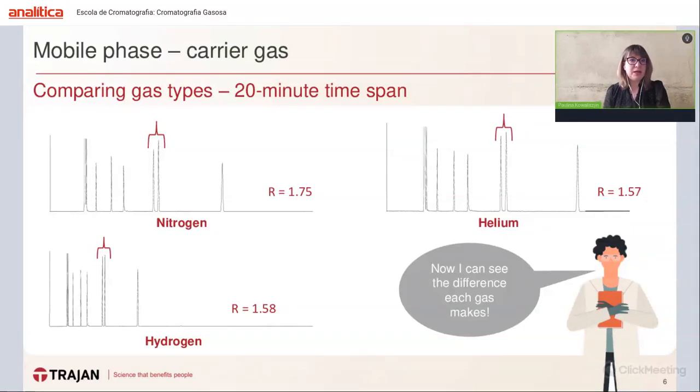We can see clearly that when nitrogen is used, the peaks elute much later, so the analysis takes the longest time. Helium falls in the middle of the range of retention time and analysis time. And with hydrogen, you can clearly see that the analysis time is the shortest, especially when compared to nitrogen results.